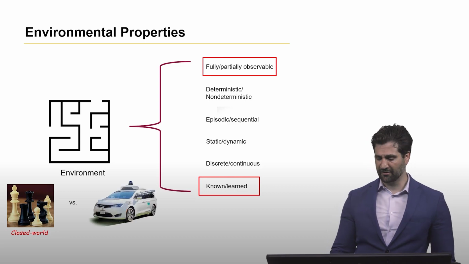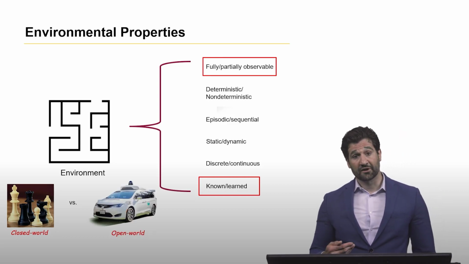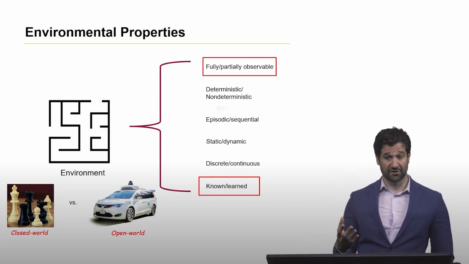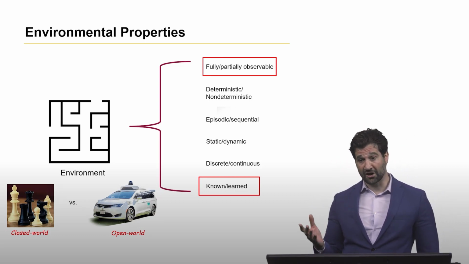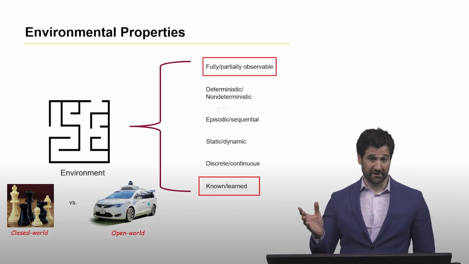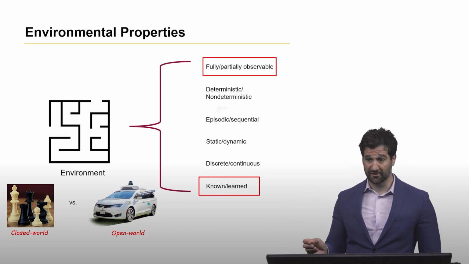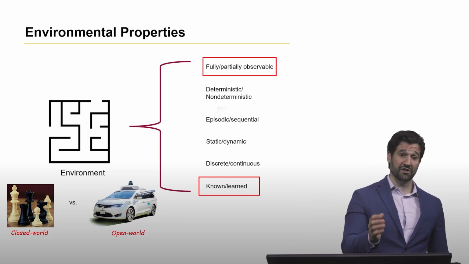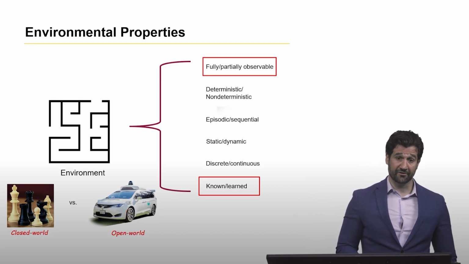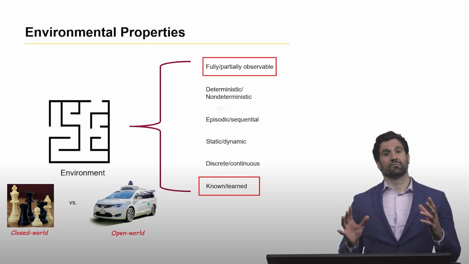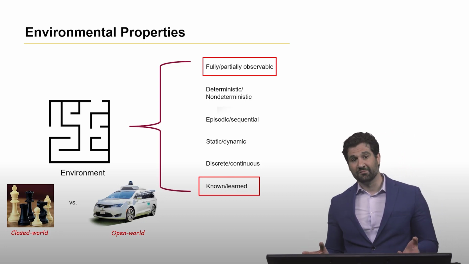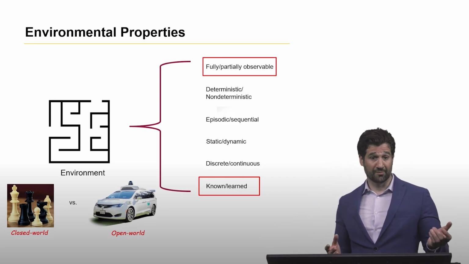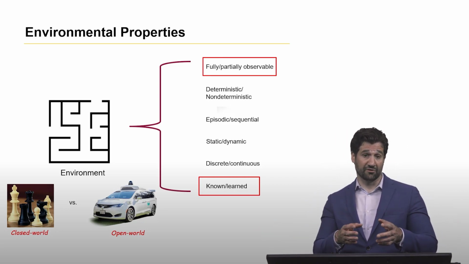But if we look at autonomous driving, this uses the open world assumption. If you see a person crossing the street while driving a car and there's another vehicle in front of you, that person will disappear for a couple of seconds when they are occluded by that other vehicle. But that person didn't go away. They come out the other side. There weren't maybe two people, there was one person that was occluded.